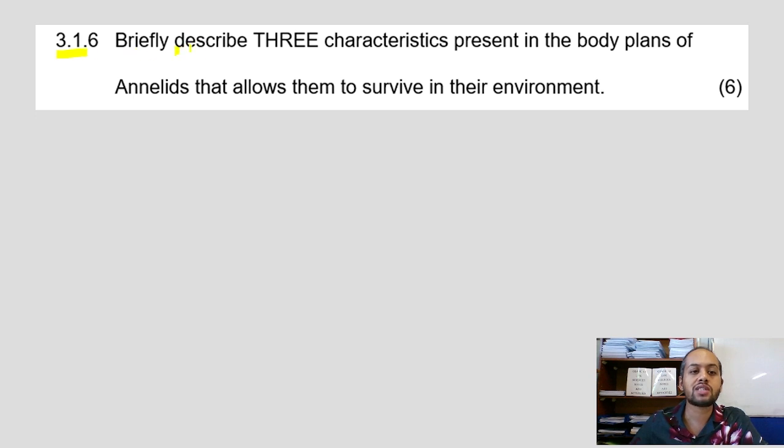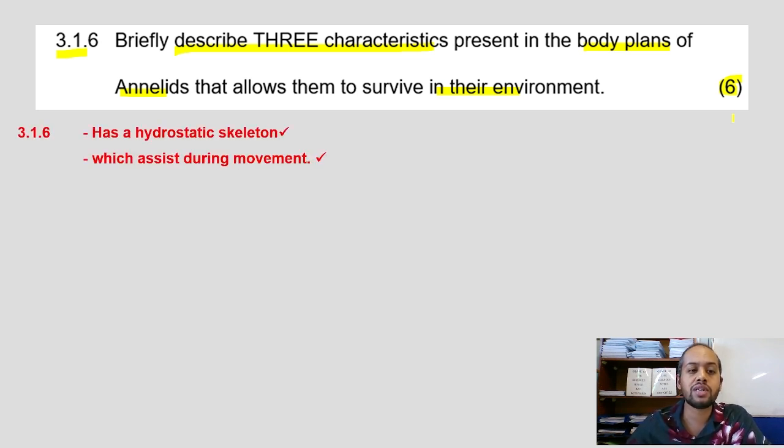3.1.6 says briefly describe 3 characteristics present in the body plans of annelids that allow them to survive in their environment for 6 marks. So what do annelids have in their body plans that allows them to survive? Now there's a number of characteristics. We're going to go through them. Firstly, it has a hydrostatic skeleton which assists during movement. Secondly, it has a coelom which provides a circulatory system.